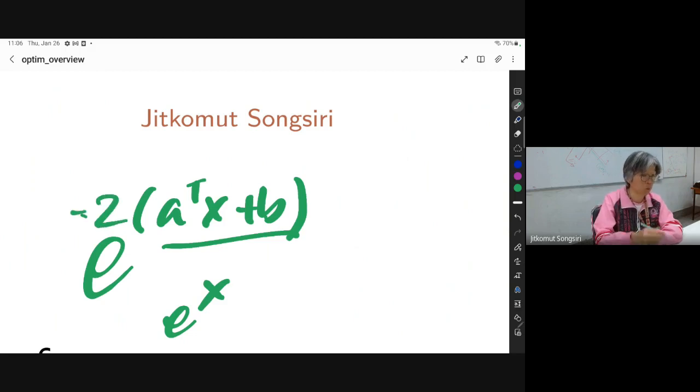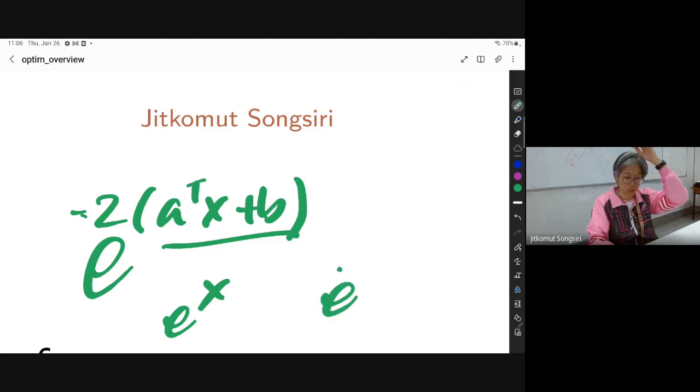What about minus 2? E to the minus 2x, is it convex? Yes, right?